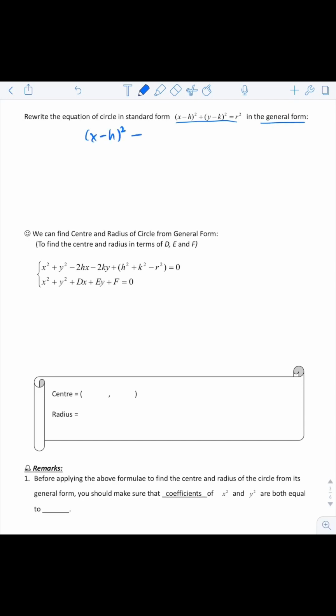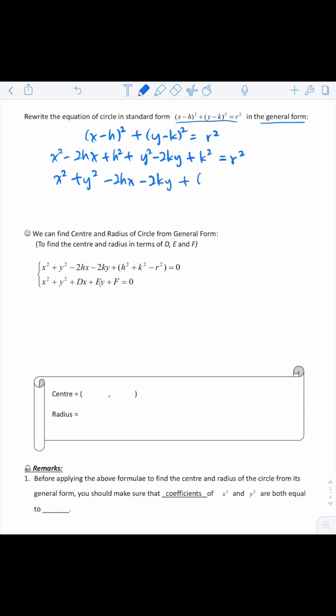Here, by expanding and transposing the terms, and rearranging the terms, we got this. This is the equations in general form.